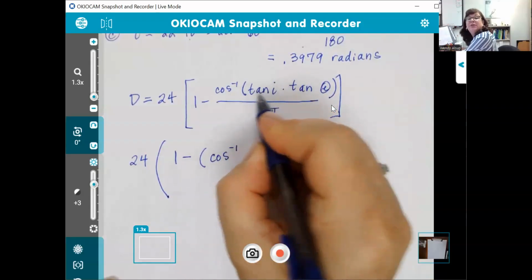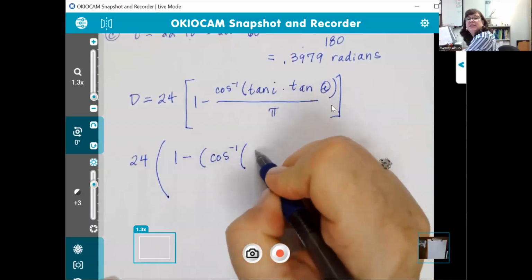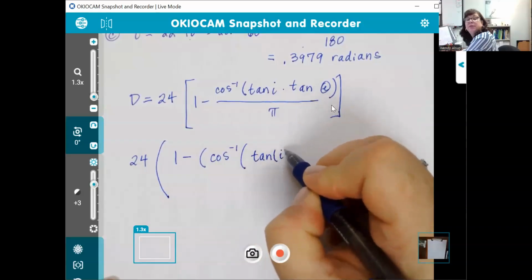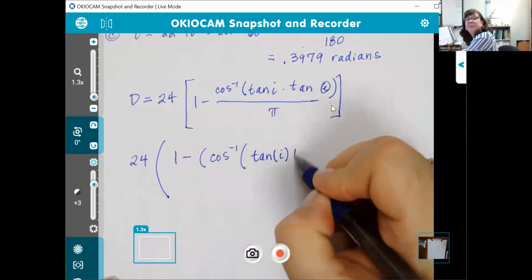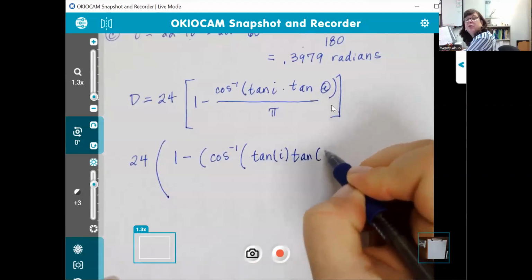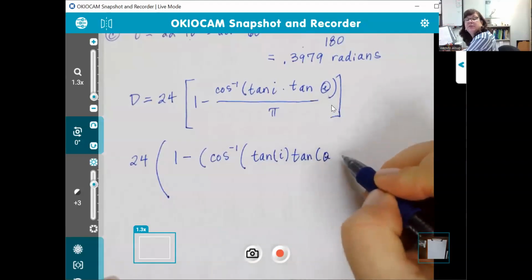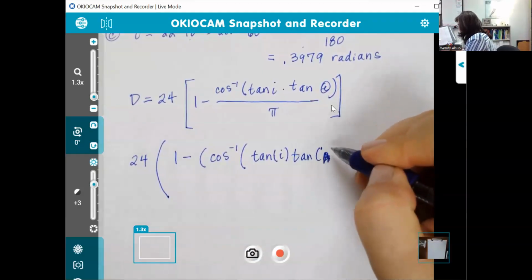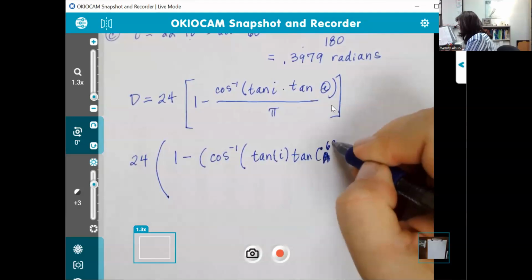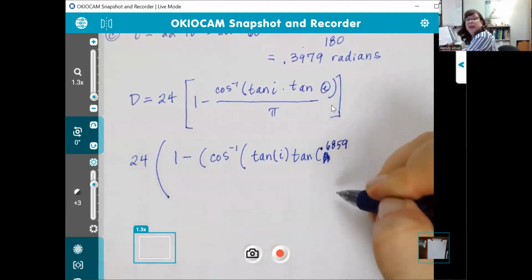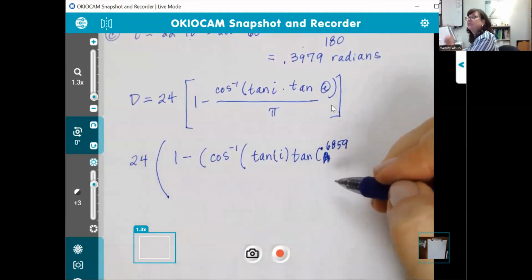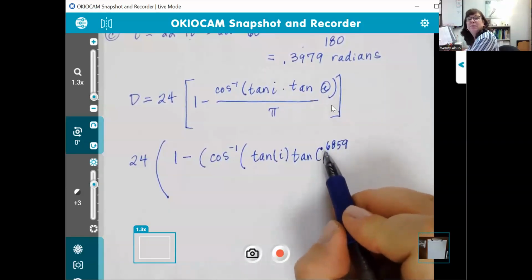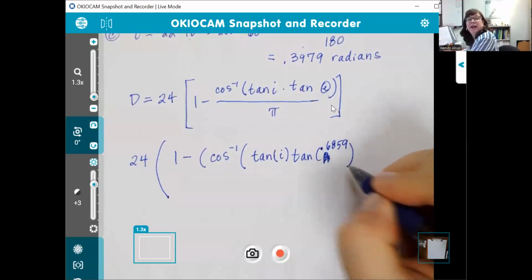That'll automatically put you in a parentheses, tangent of, and that'll automatically put you in a parentheses, close that tangent times tangent. It'll automatically open a new parentheses, put in whatever your theta is. Our theta for every one of these is going to be, for mine, 0.6859. Last one I had Bangor, Maine, but now I'm in Baltimore, Maryland. So my theta is going to be 0.6859 for all of mine.